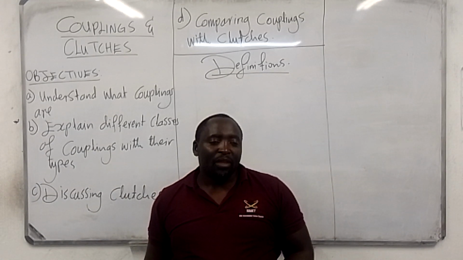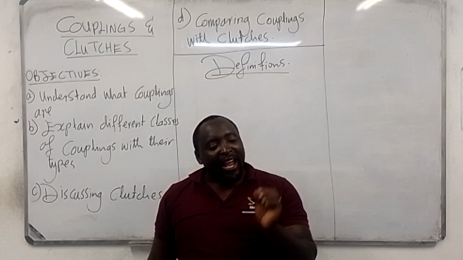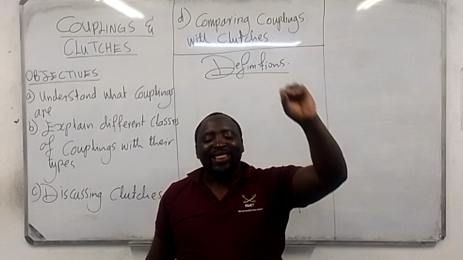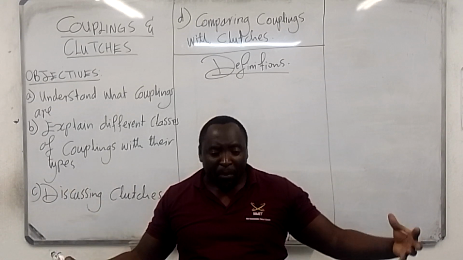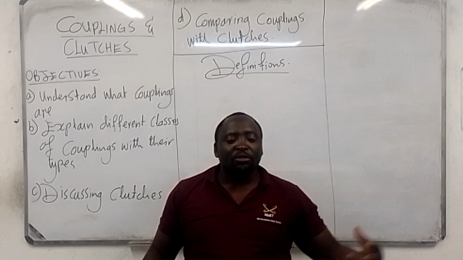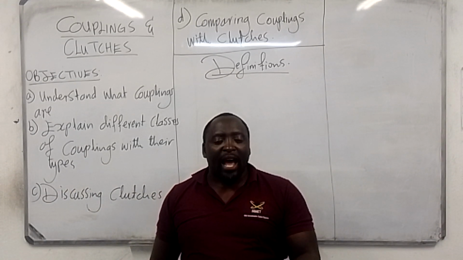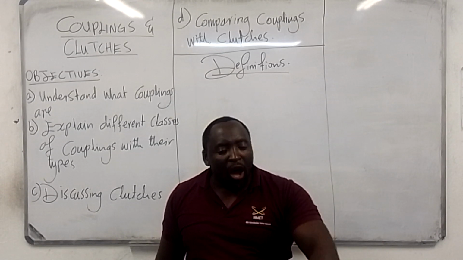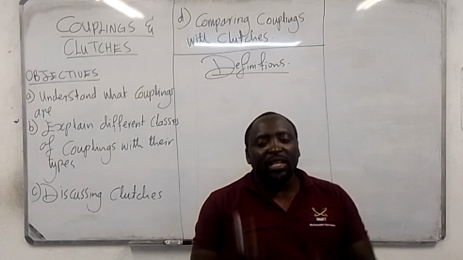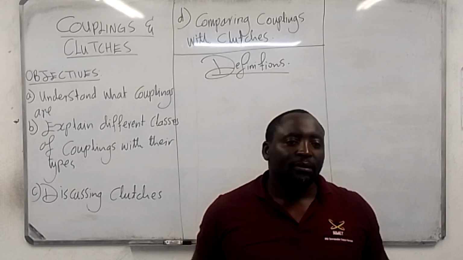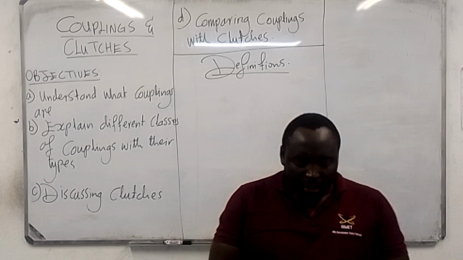Even power has to be transmitted. So a coupling is a mechanical device that is used to join two shafts together of different equipments from the driver to the driven in order for motion, torque, and power to be transmitted. That is what a coupling is.